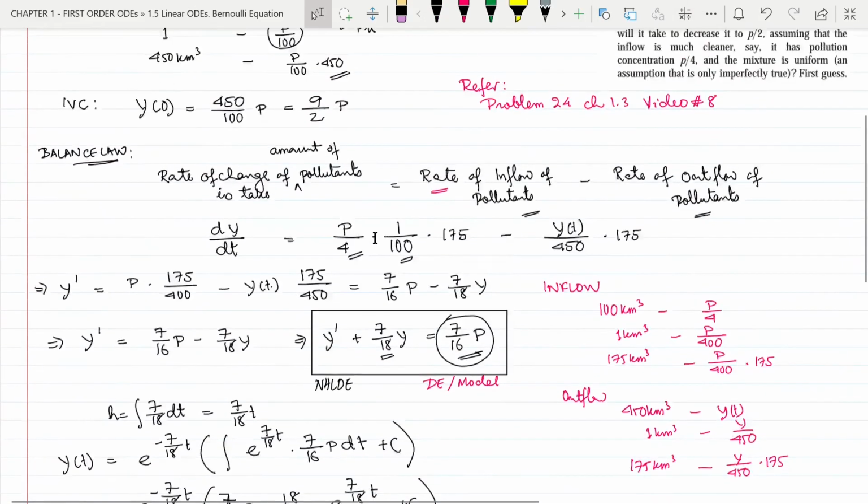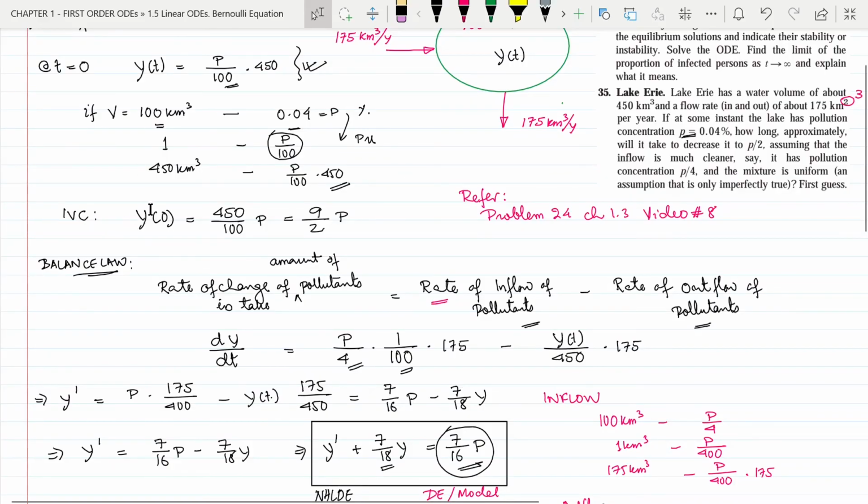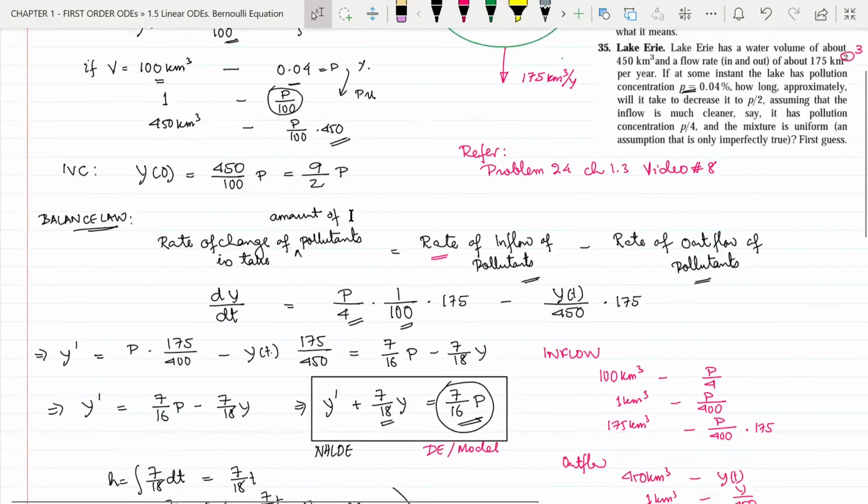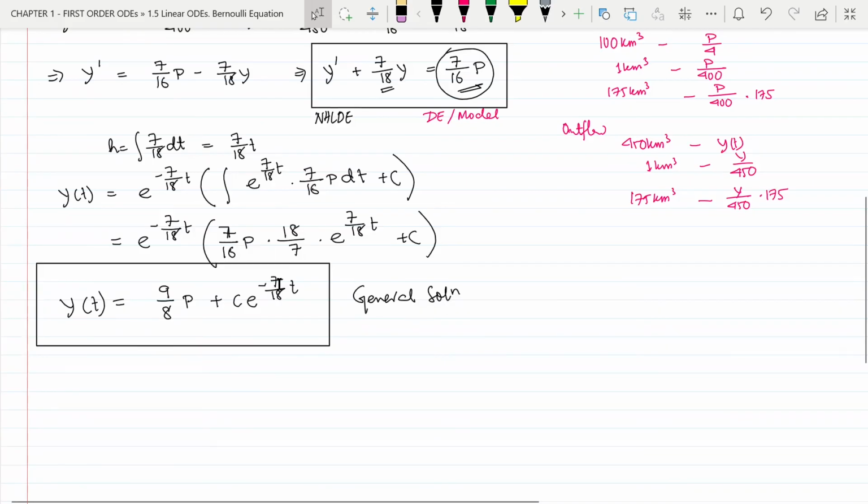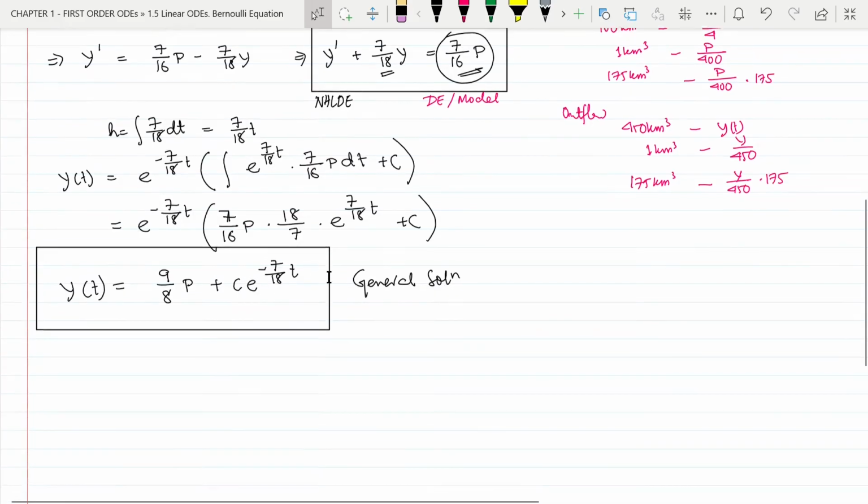Now since we have an initial value condition which is y of 0 equal to 9 by 2p, we can substitute that in here to get the value of c and then the particular solution.